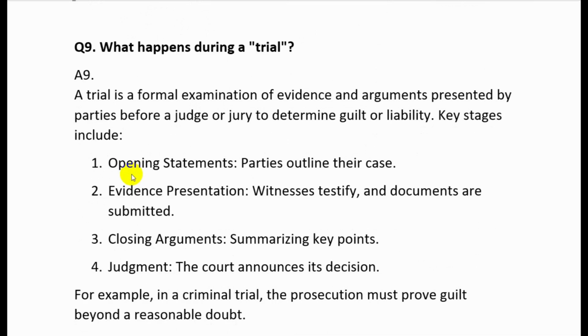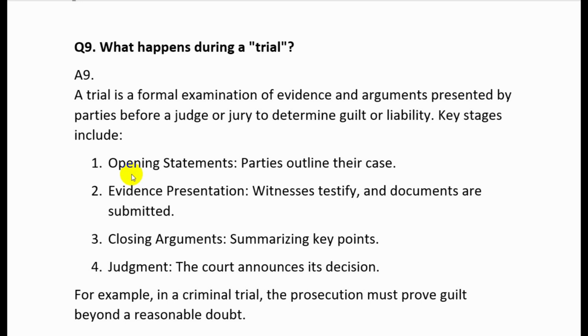Now, what happens during a trial? A trial is a formal examination of evidence and arguments presented by parties before a judge or a jury to determine guilt or liability. Key stages include opening statements, that is, parties outline their case.